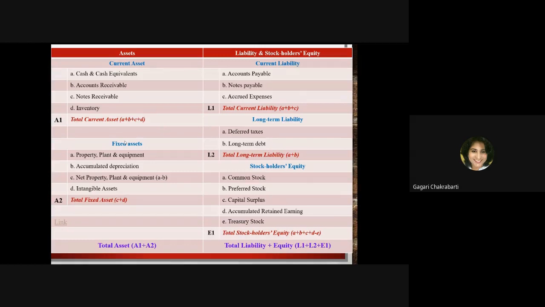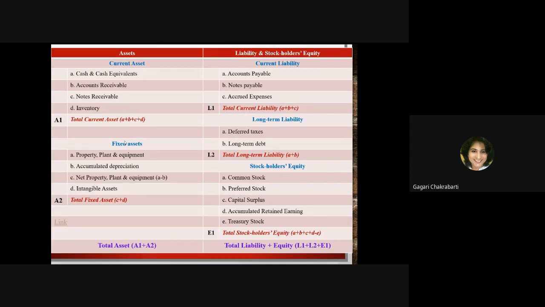Assets are divided into two types, the current as well as the fixed. Current assets are basically the short-term assets and the fixed assets are the long-term assets. And the total asset, of course, will be the sum of the current asset and the fixed asset.